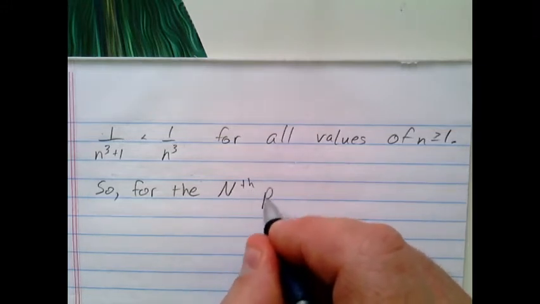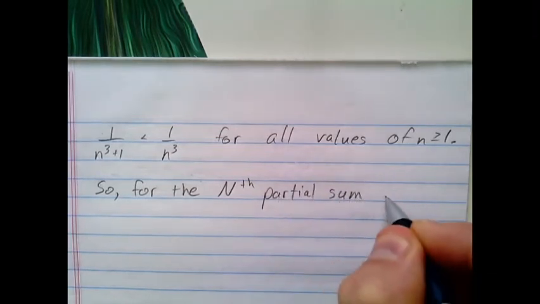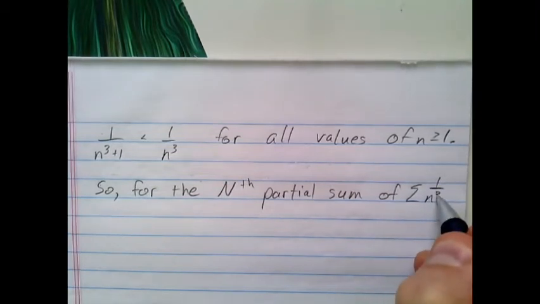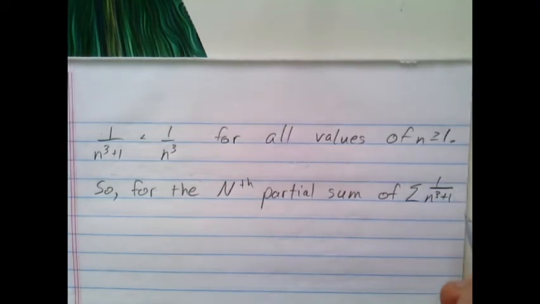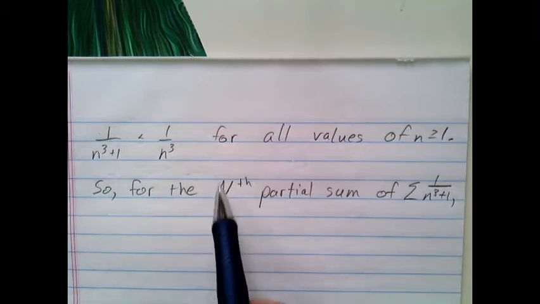So for the Nth partial sum of our series where we have 1 over n cubed plus 1. Now remember, a partial sum is we just add up the first however many terms. So here big N would represent some number of terms.